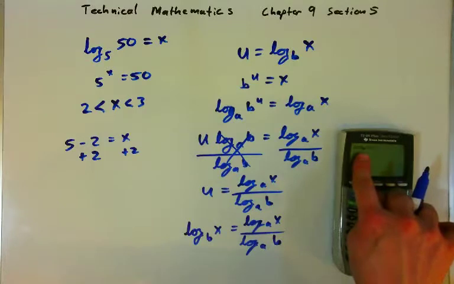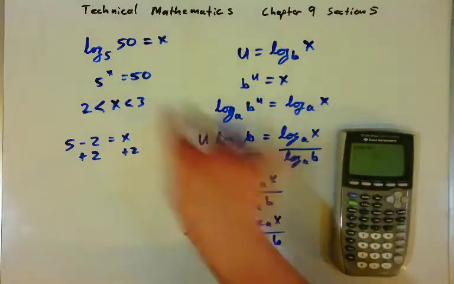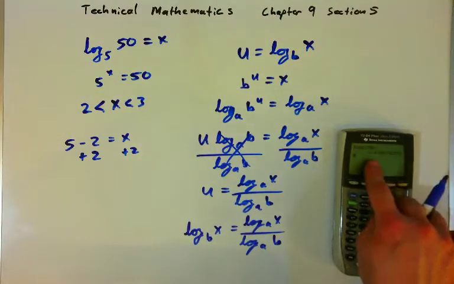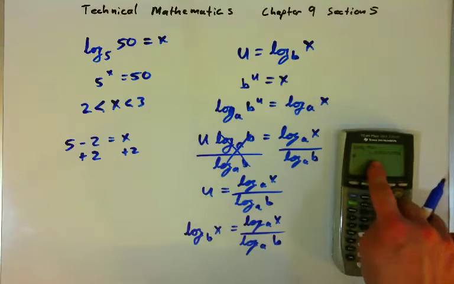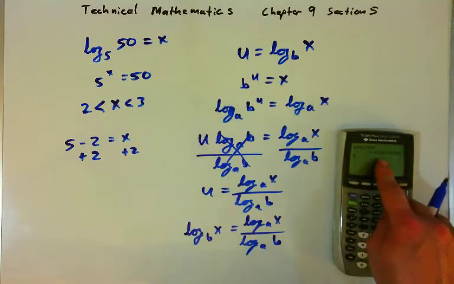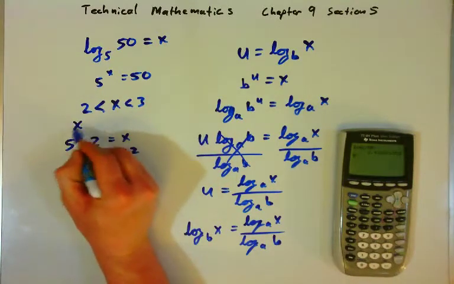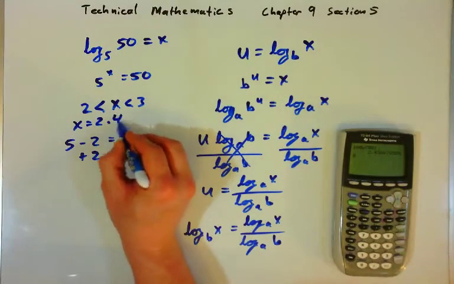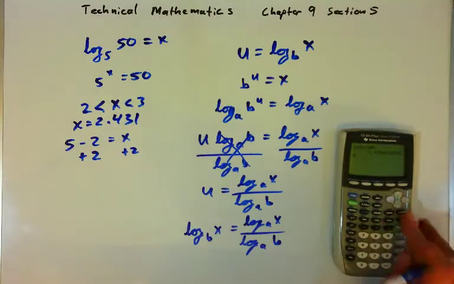Log base allows me to enter some other base, like 5, and then enter the argument, which is 50, and press equals. And we can see that x here is going to be equal to 2.431. We said it was between 2 and 3, and it is.